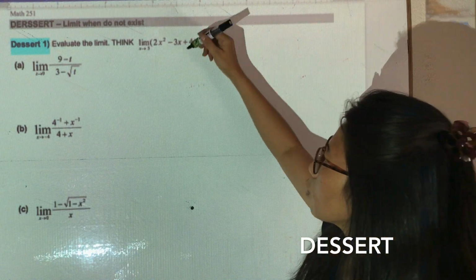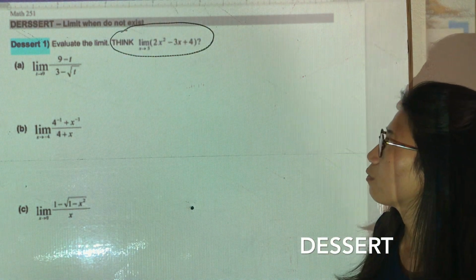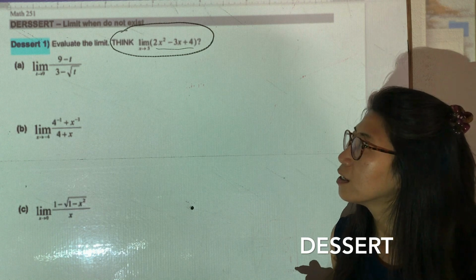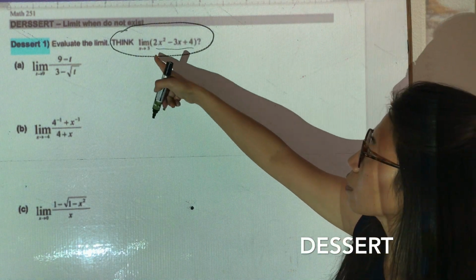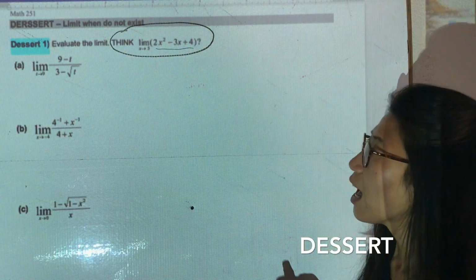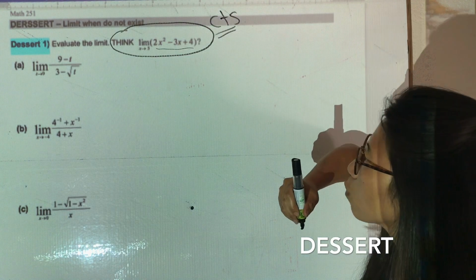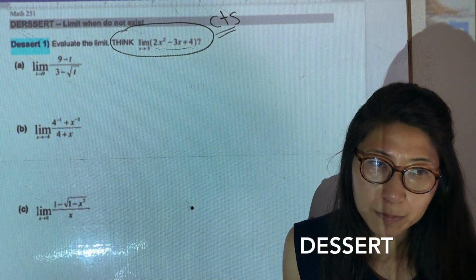Before we do, we can think about this example we have seen before. What is my function? It is a quadratic. If it's a quadratic function, how do we find the limit? Can I plug in a number in here? Yeah. Why? Because this function is continuous everywhere, so I can plug in a number in order to find the limit.